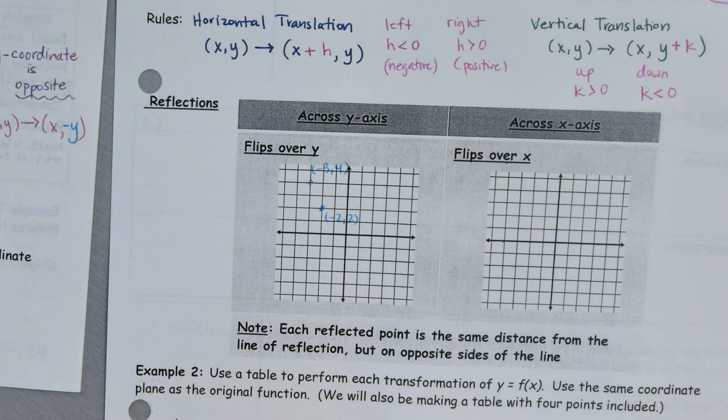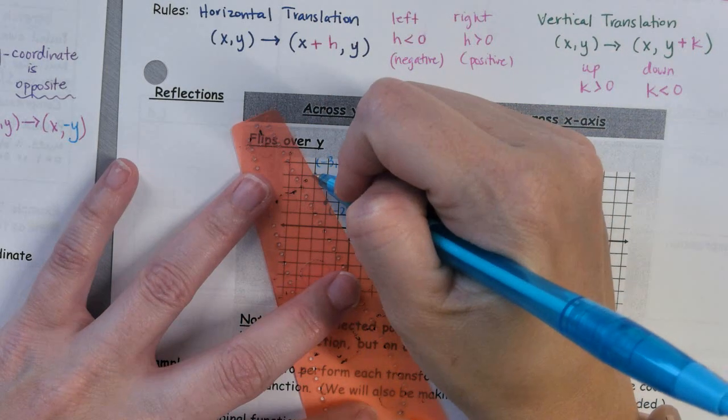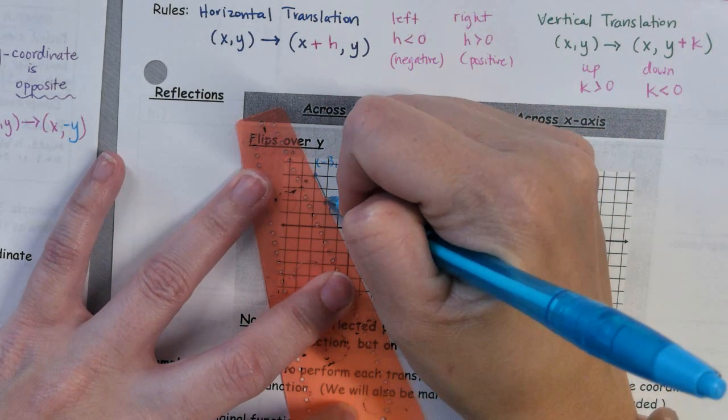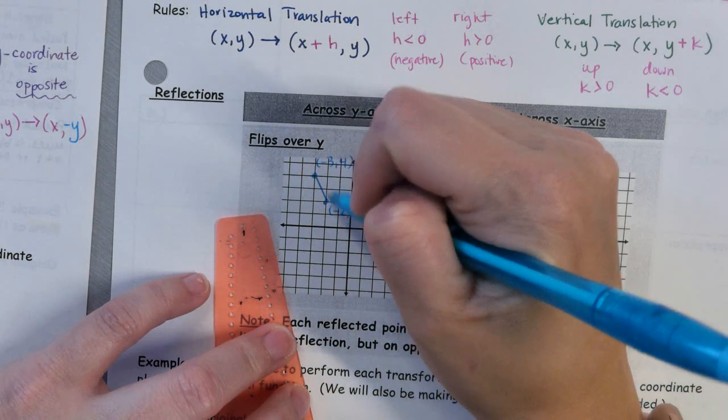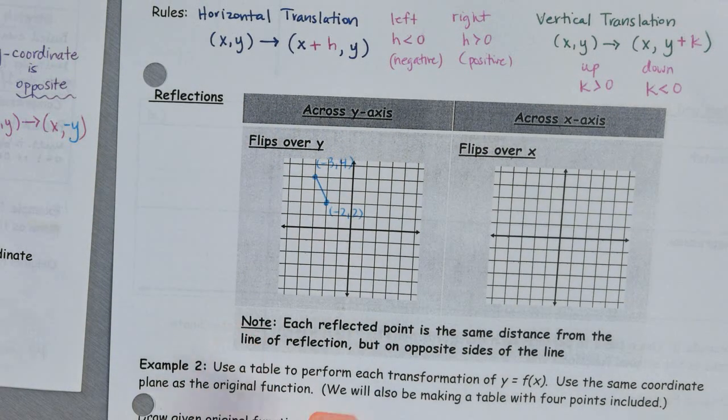And you guys can connect those. You can use your straight edge. I know this one's kind of small. How many of you are pretty confident that you could graph the reflection? Okay. When you graph it, you can either use 2 different colors.